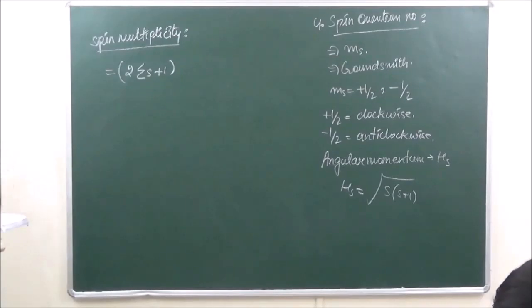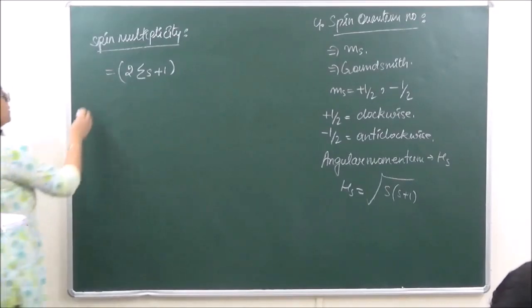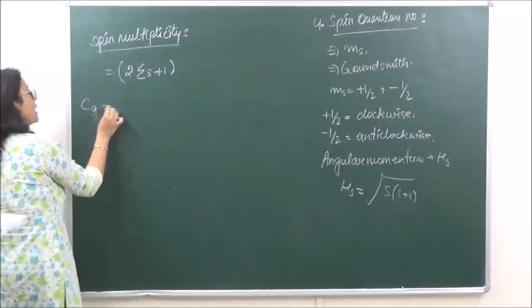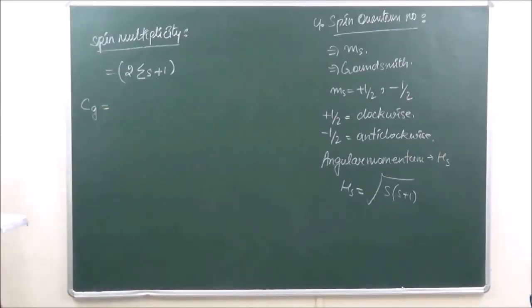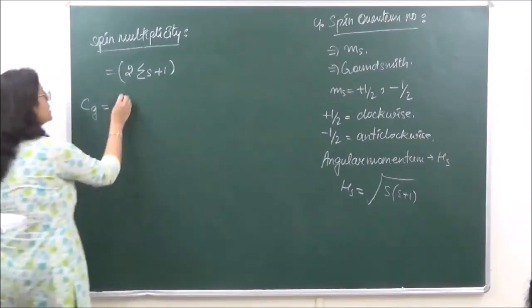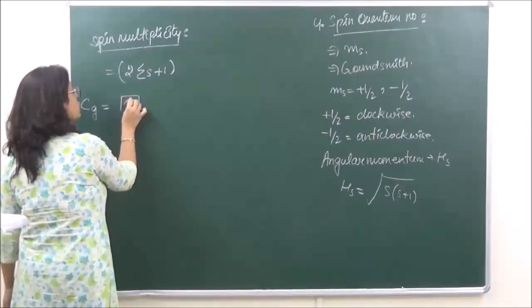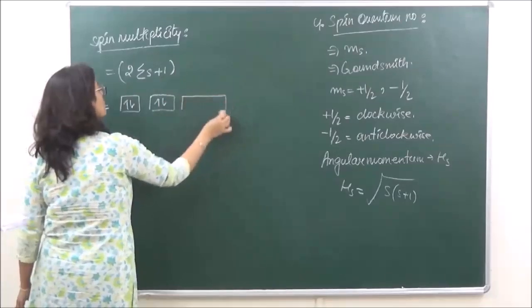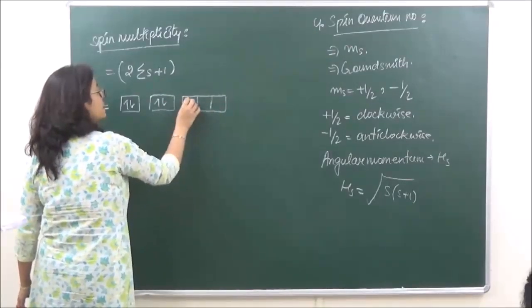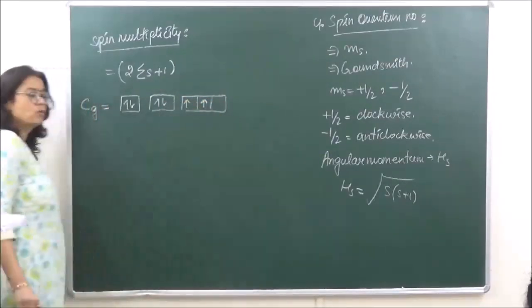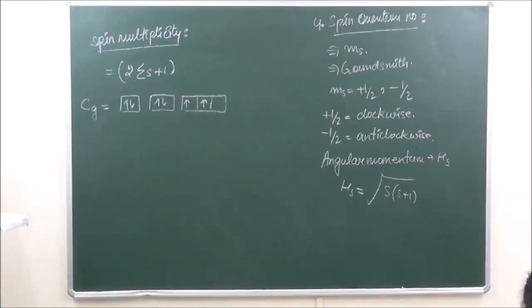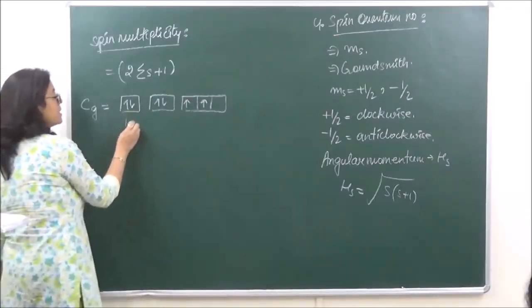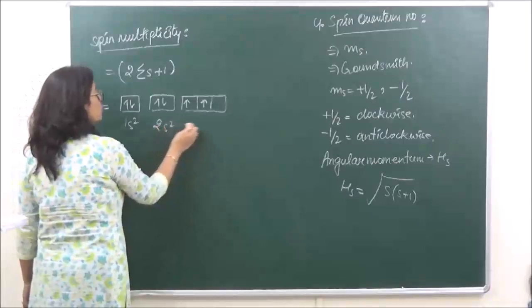Right? Let's illustrate by taking the example of carbon. In the ground state, the electronic configuration of carbon is 1s2, 2s2 and 2p2, right?